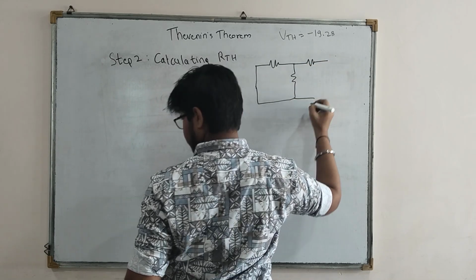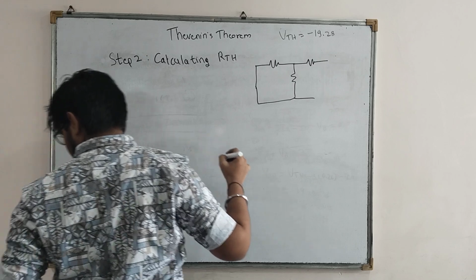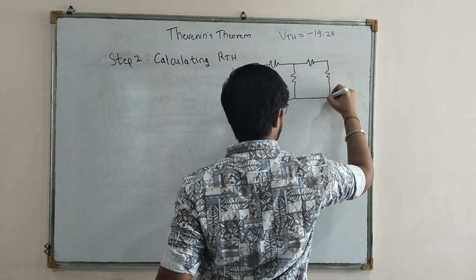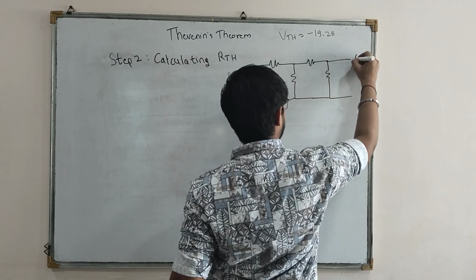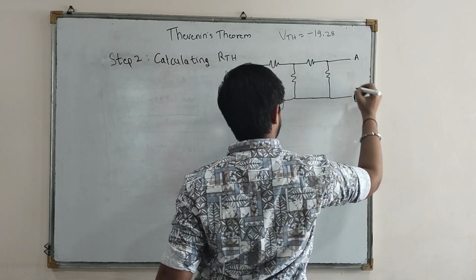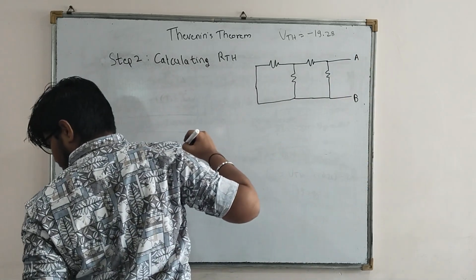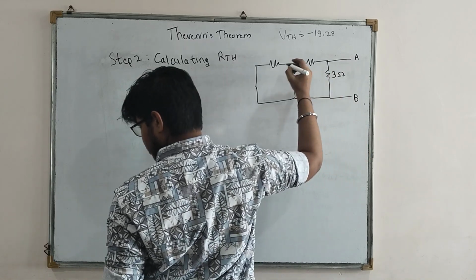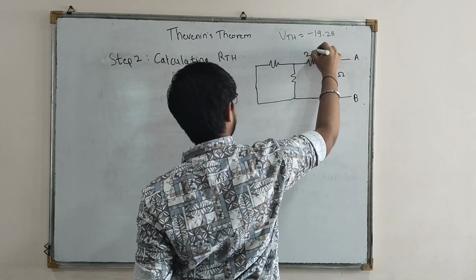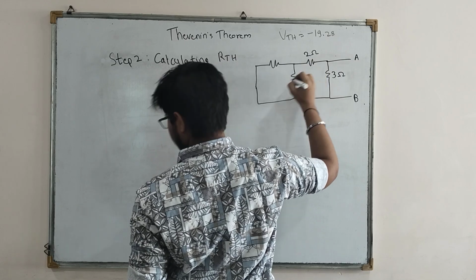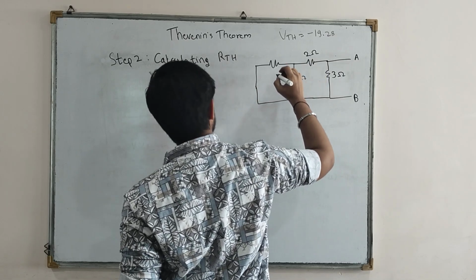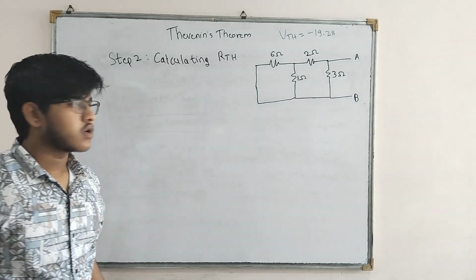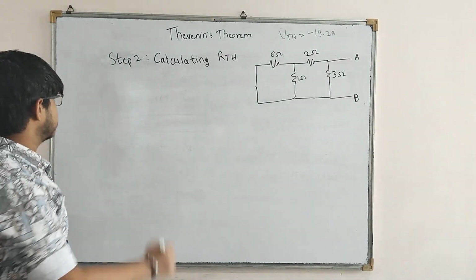What were the magnitudes? This was my 3 ohm, 2 ohm, 1 ohm, and this was my 6 ohm. Correct?